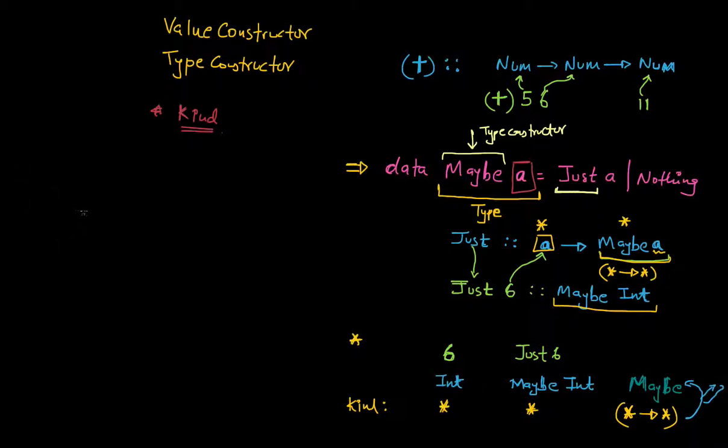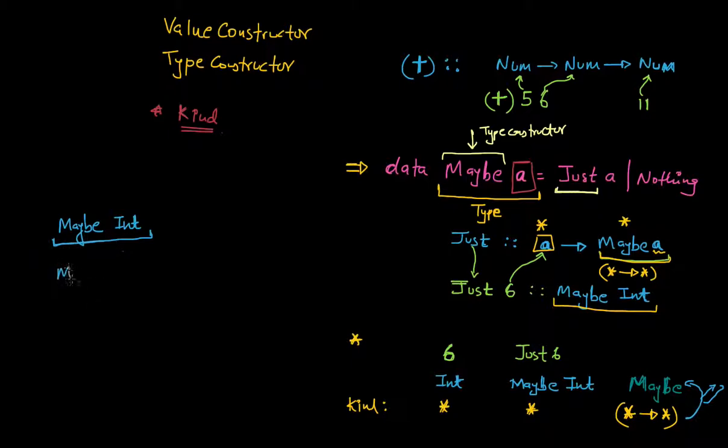So one of the things I can do is play with maybe. What does maybe do? Maybe should take in as an input some concrete type. So let's pass in a concrete type, for example int, and out comes back another concrete type, which is this entire thing. Maybe int is a concrete type, an actual type.